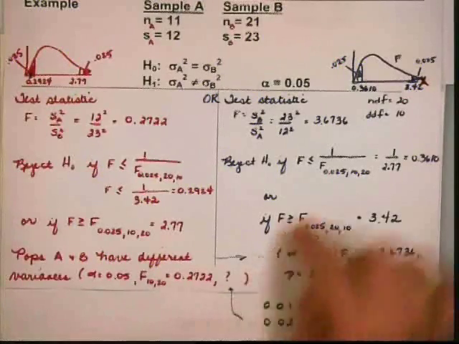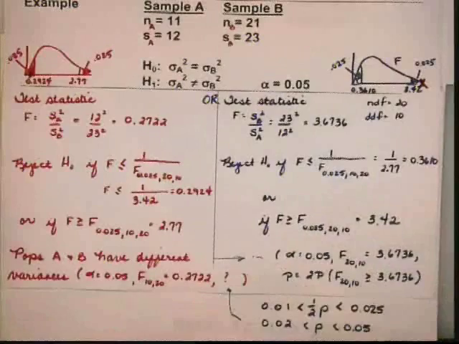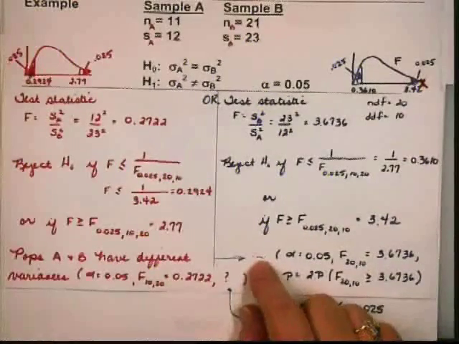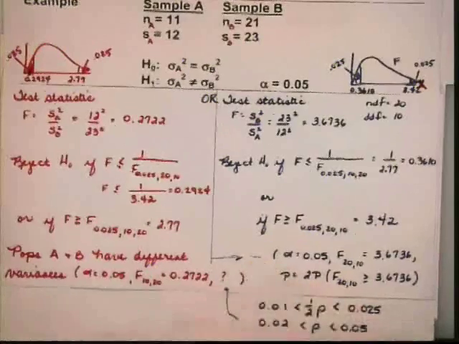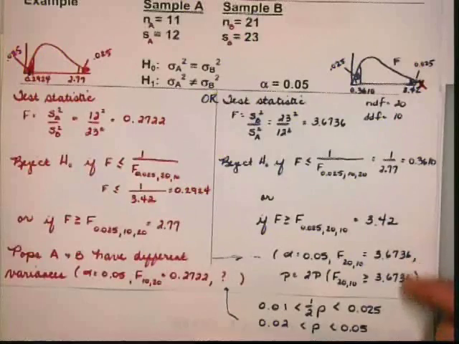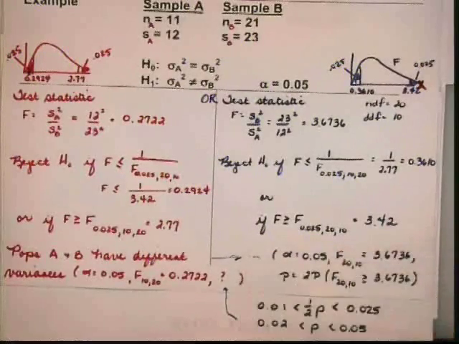Just in the interest of space, I left too big a gap here and didn't get it written in. So do understand that this is populations A and B are different. Maybe you left more space than I did. I wanted to write the probability statement, so that's why I didn't write it out again.